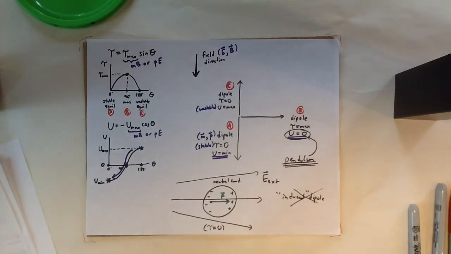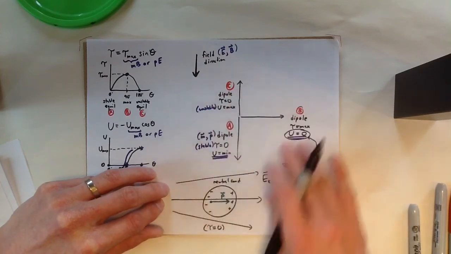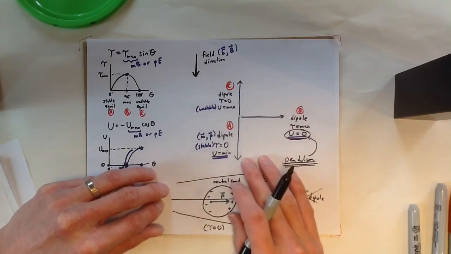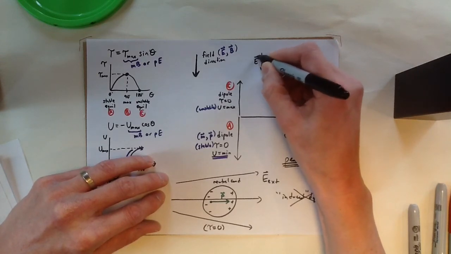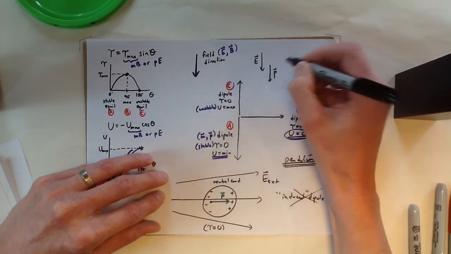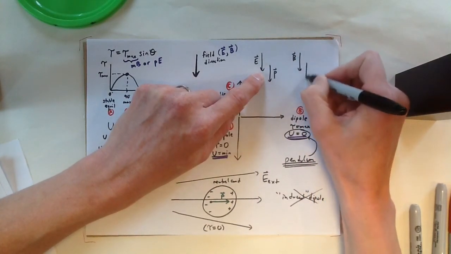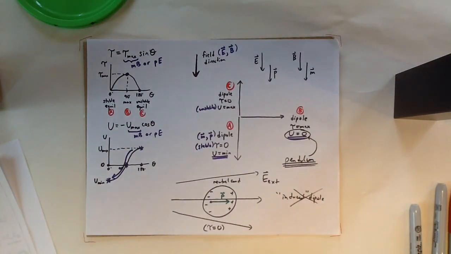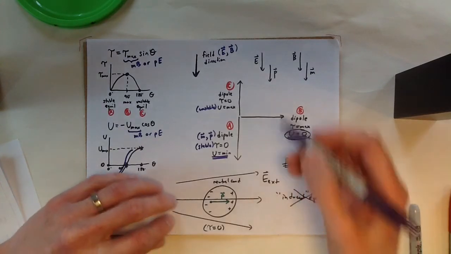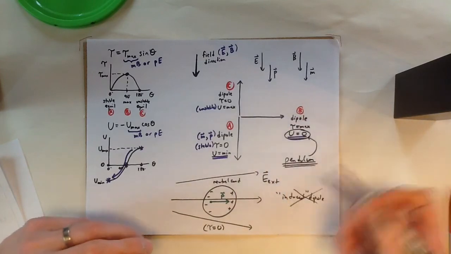And before you marvel at how this universality of dipole behavior could be so incredibly the same, how could it be that if you have an electric dipole, it wants to align with the field, and if you have a magnetic dipole, it also wants to align with the field? Remember, we made it so by designing it, by defining the dipoles in a way that would make those behaviors similar.